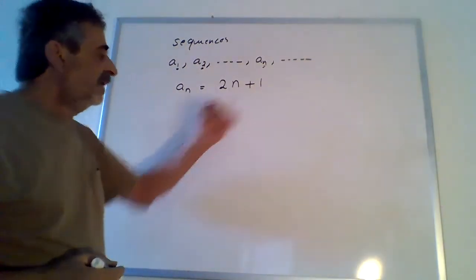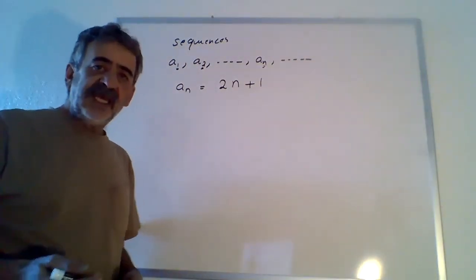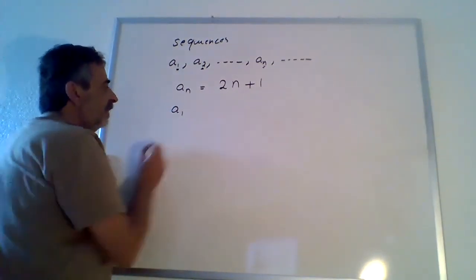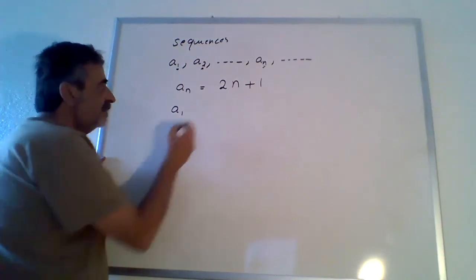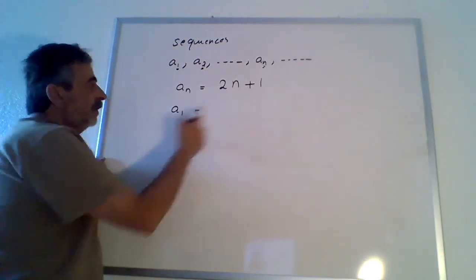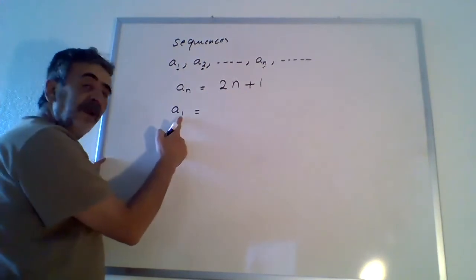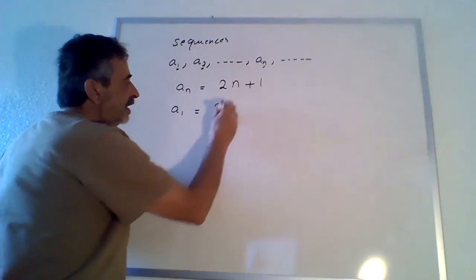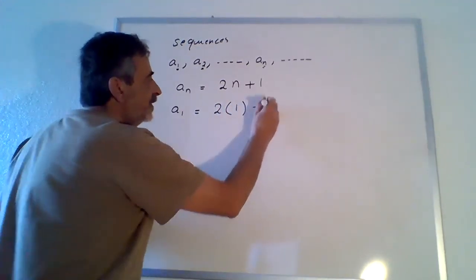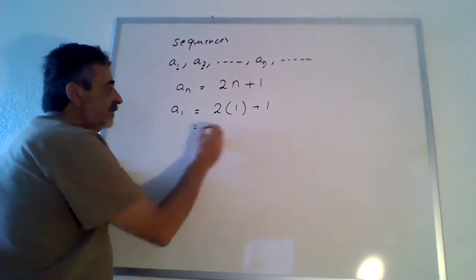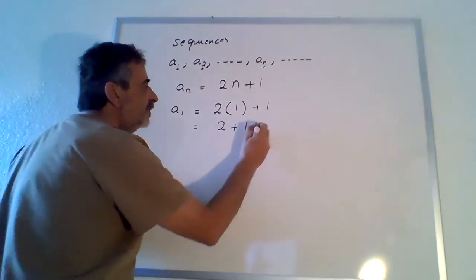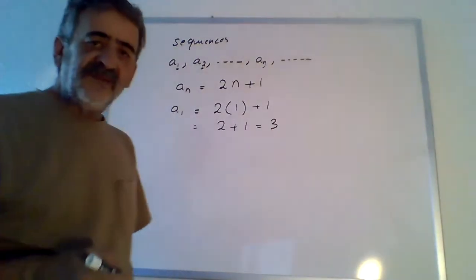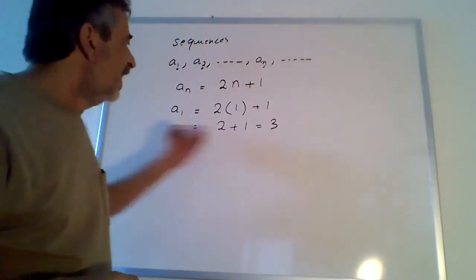To determine the elements of the sequence, we can say A1, the first term of the sequence, is equal to, we replace n by whatever subscript A has. In this case, 2 times 1 plus 1, which is 2 plus 1, which is 3. So the first term of the sequence is 3.